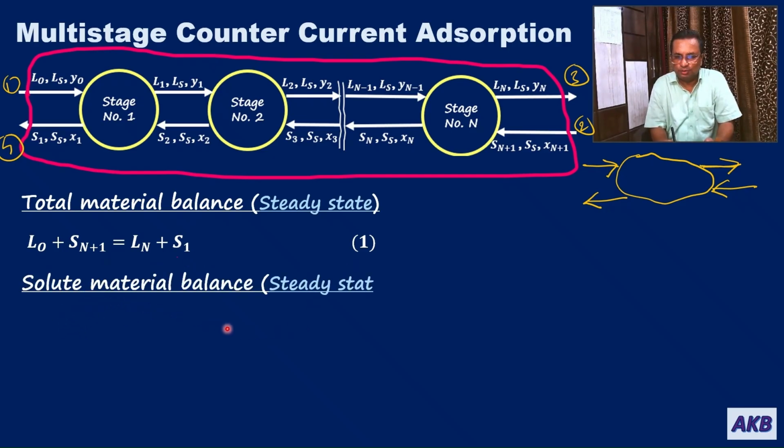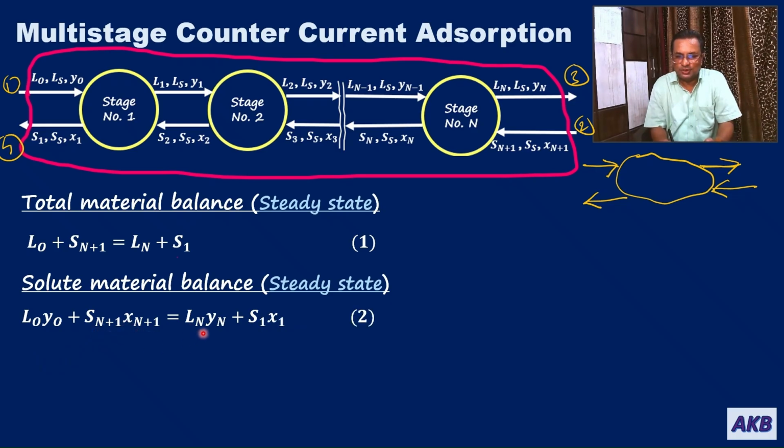Then we can take the solute material balance again at steady state. So it will be L0 Y0 plus Sn plus 1 into Xn plus 1, that is equal to Ln into Yn plus S1 into X1. If you look at each term in the equation, there is a product of total mass flow rate into fraction of solute.